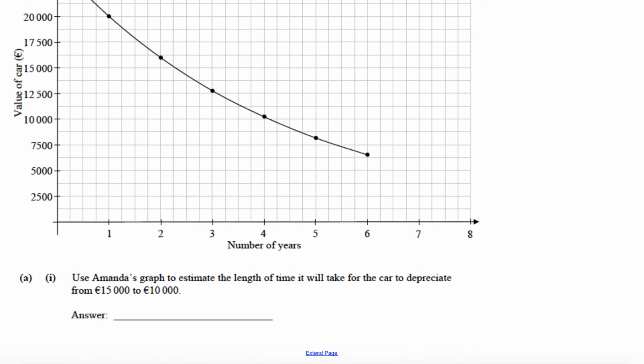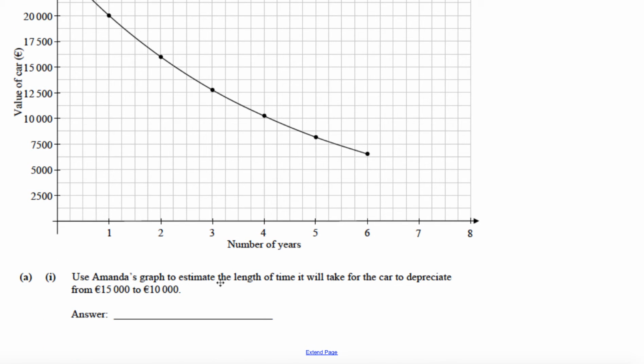Okay, so A part 1 says use Amanda's graph to estimate the length of time it will take for the car to depreciate from €15,000 to €10,000. So from €15,000 and €10,000, we're going to go across to our graph and drop down and look at the time that it took for it to decrease by that much.